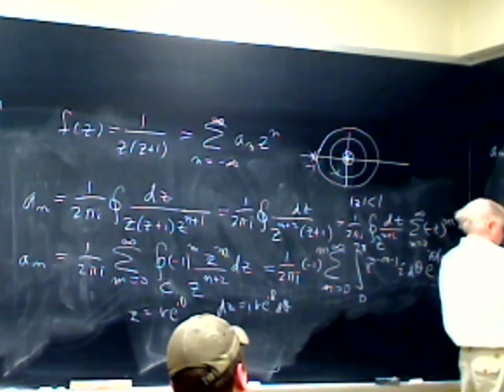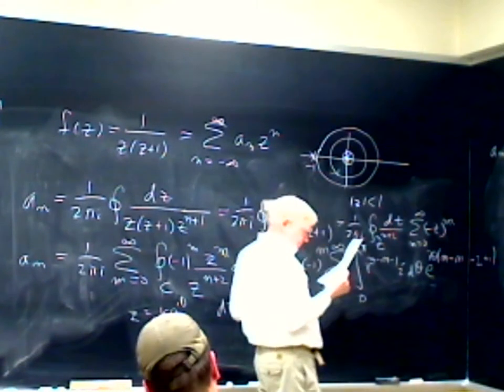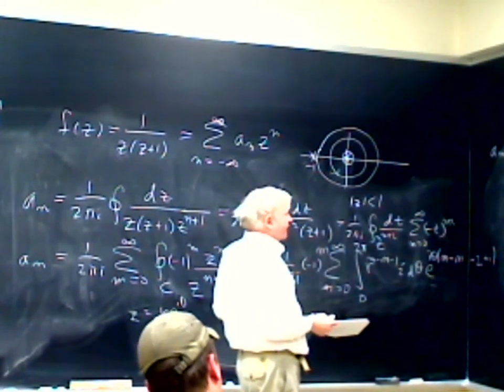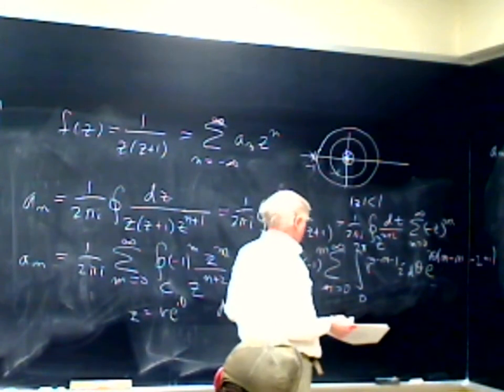And now, for n greater than or equal to minus 1. Now why is it that n is greater than or equal to minus 1?